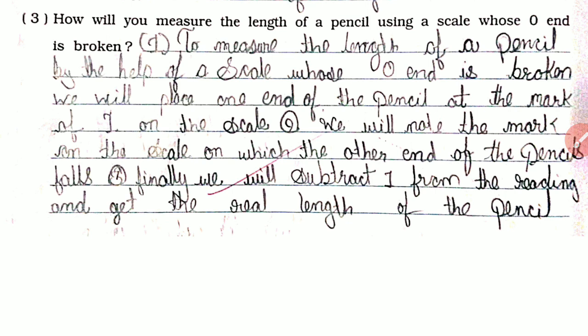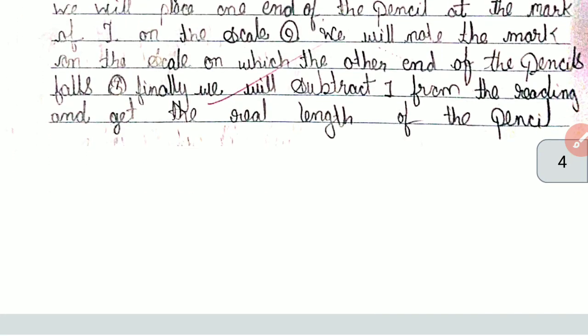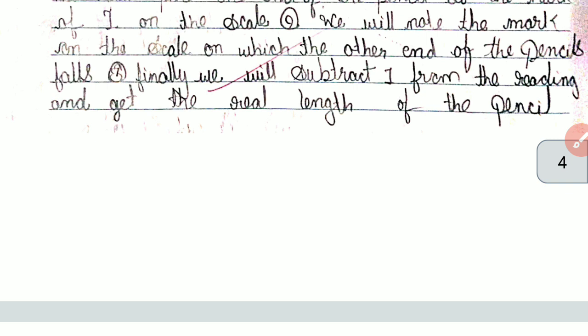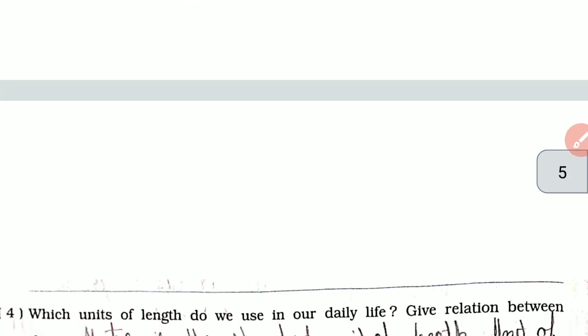Second, we will note the mark on the scale at which the other end of the pencil falls. Third, finally, we will subtract 1 from the reading and get the real length of the pencil.